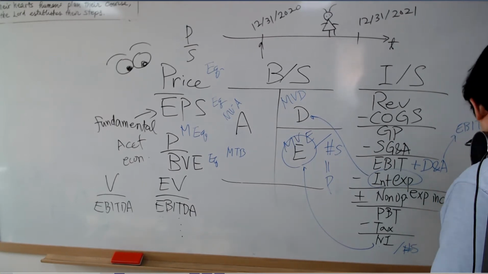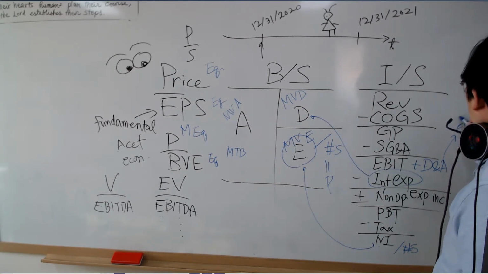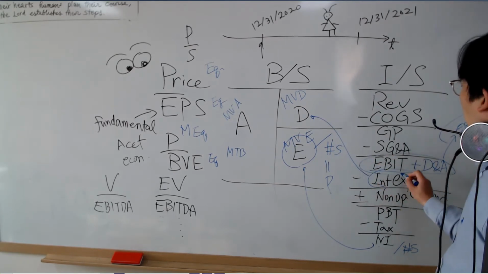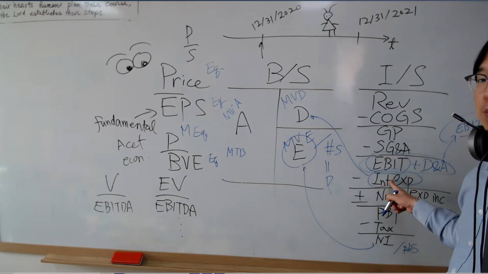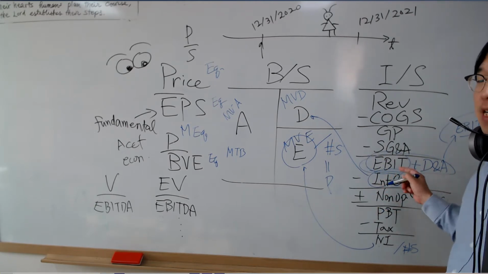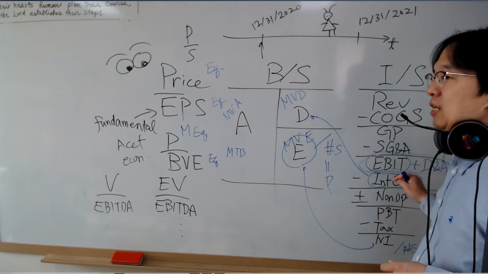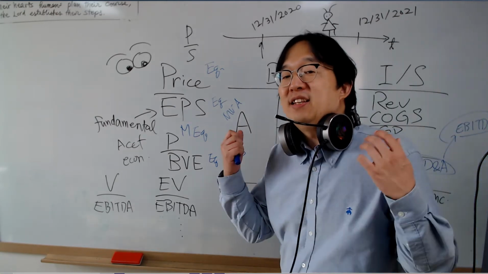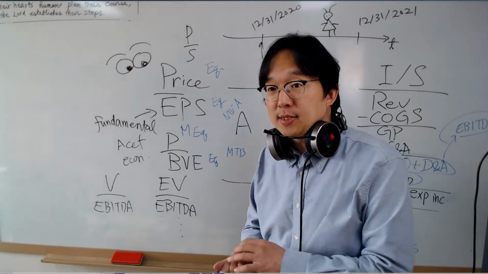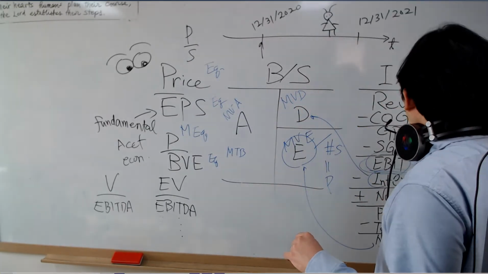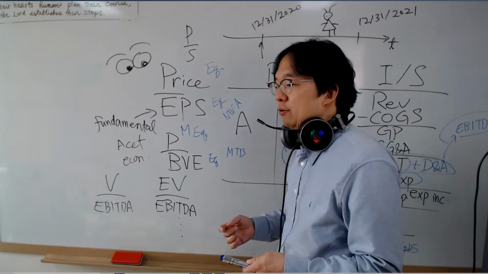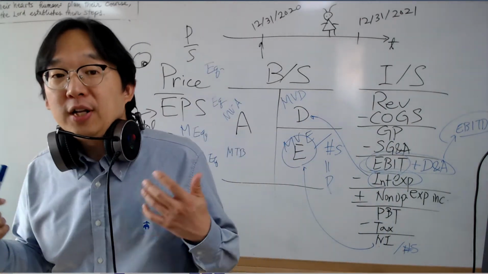Anyway. So operating income and then adding back the depreciation and amortization. What was the idea? Well, depreciation and amortization is a non-cash expense, whereas what you care about is operating cash flow.